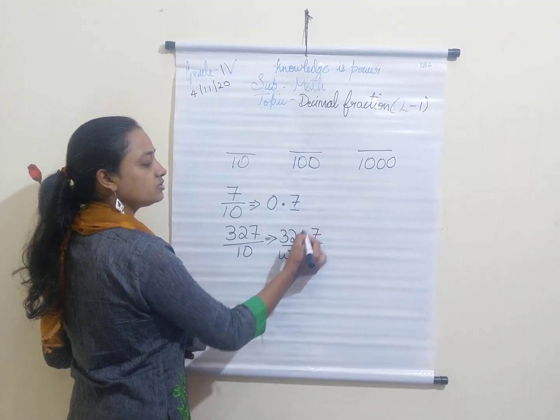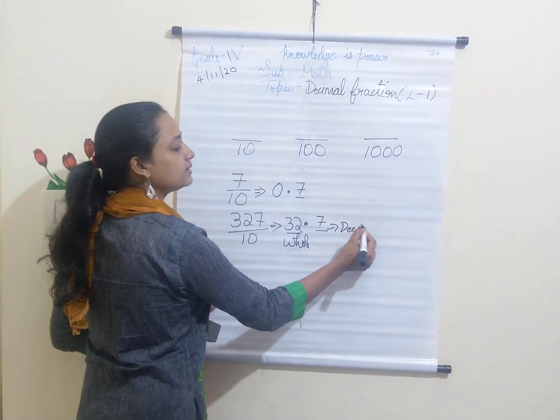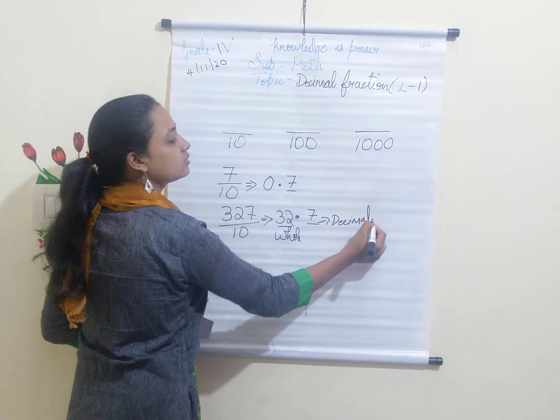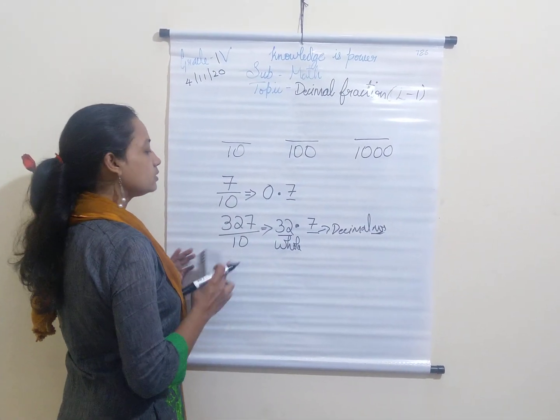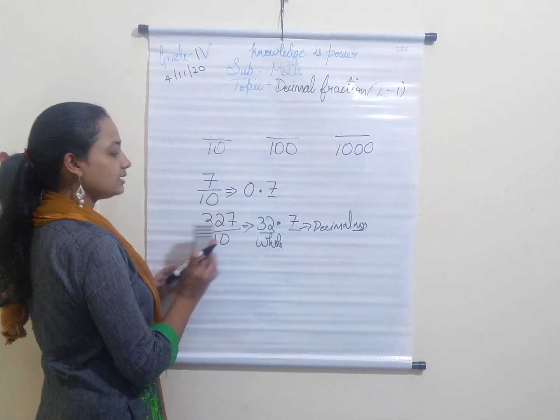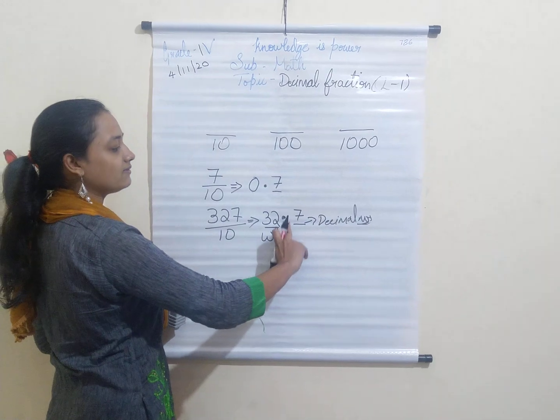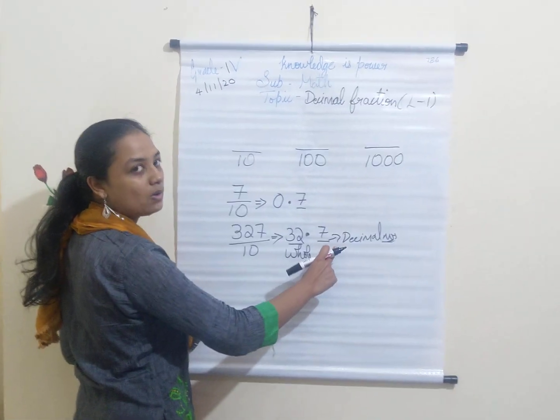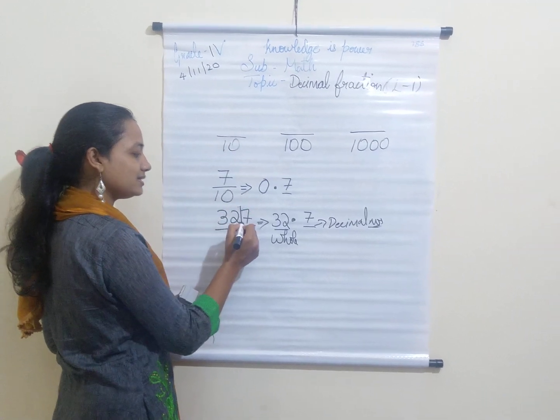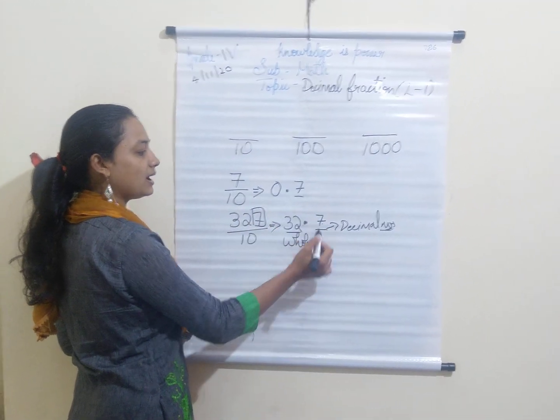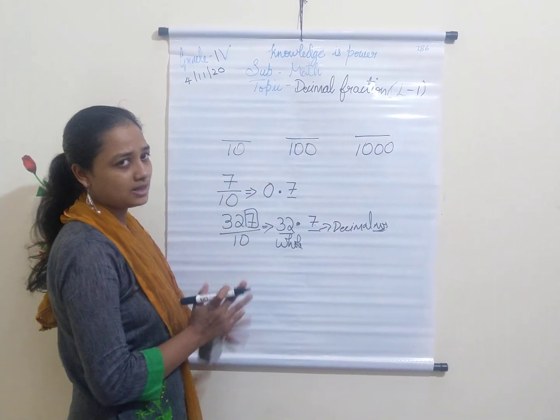The number to the right side of the decimal point is called the decimal part. So you have already learned this in the decimal lesson. So you are clear? If I have 10 in my denominator, that means after my decimal point, I should have only one number. That is why I write the last digit in the decimal part and the other two I have written here. This is the easy way I am telling you.